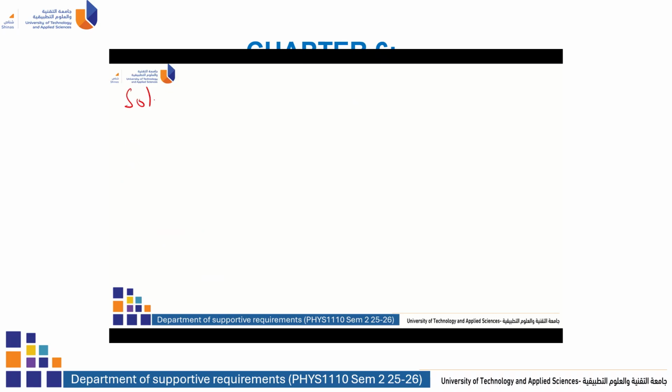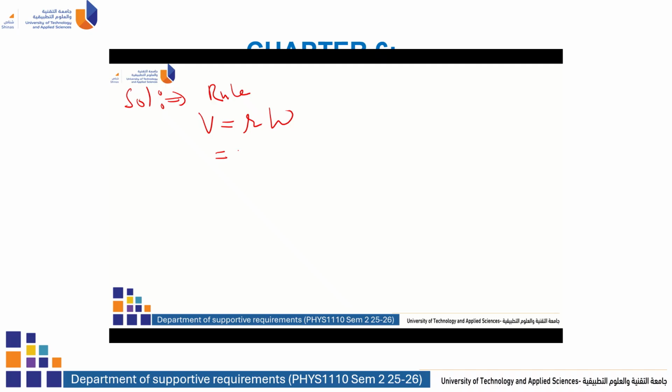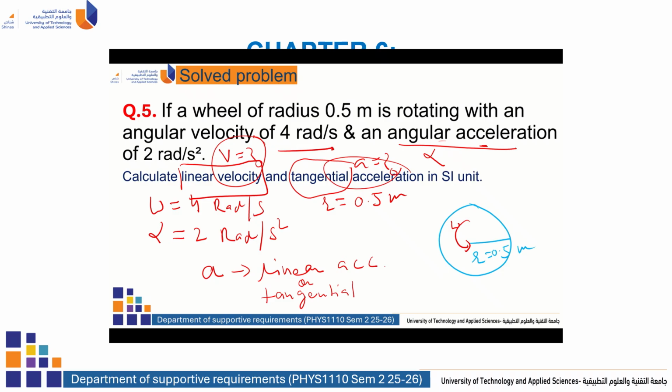Now the relation between v and omega is v equal to r omega. Here r is 0.5 meter, and omega is 4 radian per second.